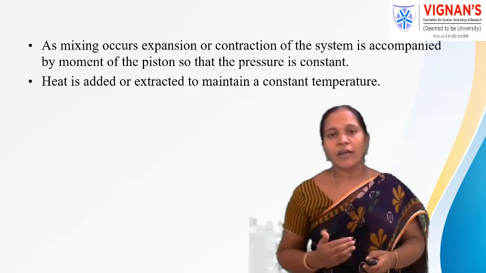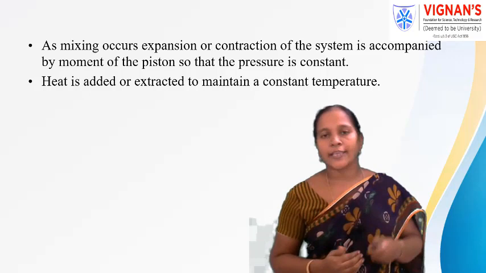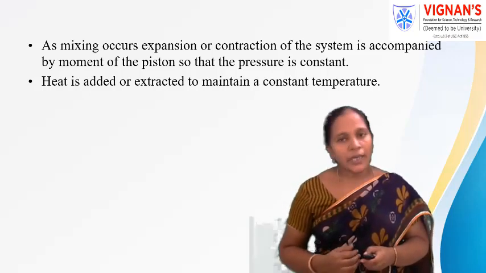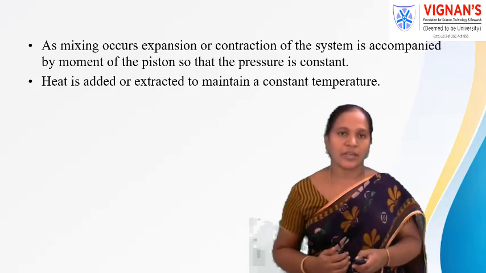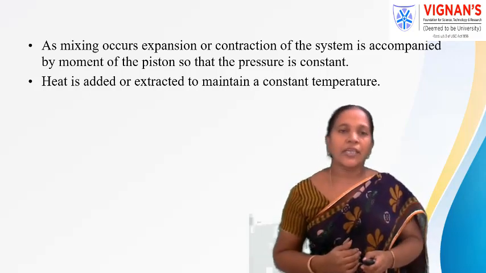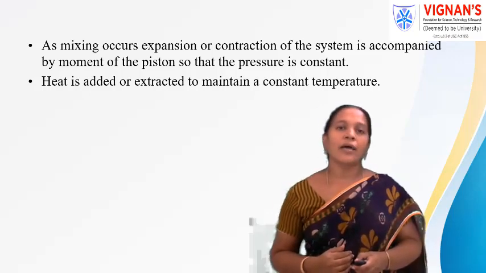So the movement of the piston carries the expansion or contraction of the system. Here temperature is constant. Therefore, to maintain the constant temperature, heat is added or extracted from the system.